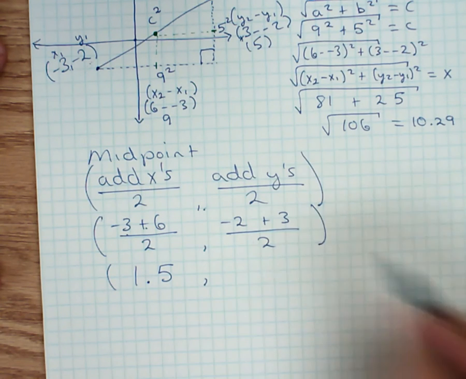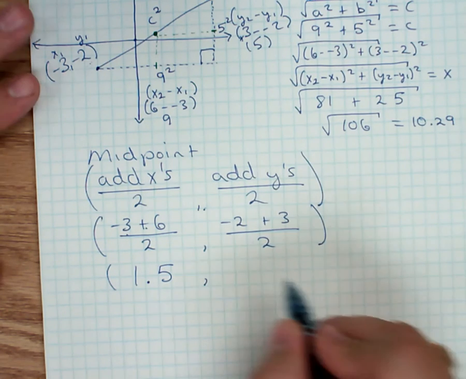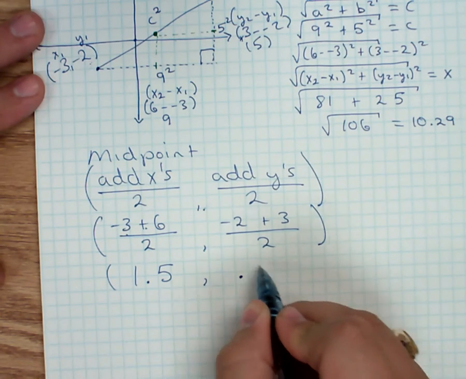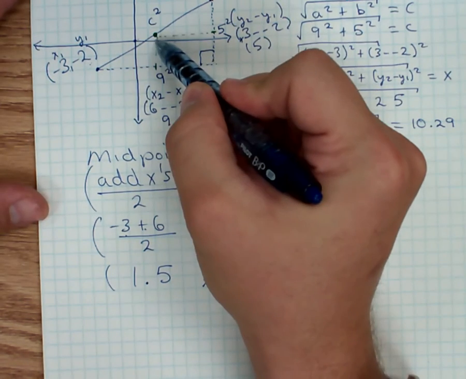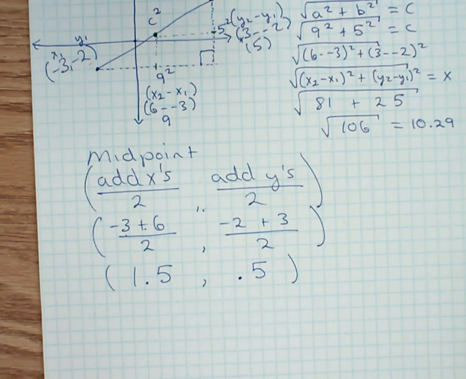And negative 2 plus 3 is 1, divided by 2 is 0.5 or 1/2. And if I go over 1.5 and up 1/2, there it is. Okay? Conceptually, does the midpoint formula make sense? Give me a thumbs up if you're following.